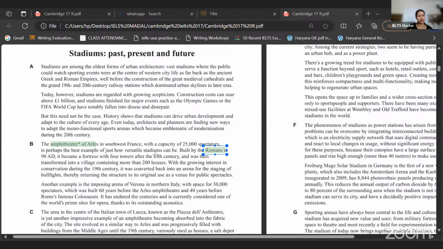It became a fortress with a fort tower after the 5th century and then transformed into a village and then converted into a residential area. Residential area means village. Firstly, it became a dash. After that, what is being given? Fortress.